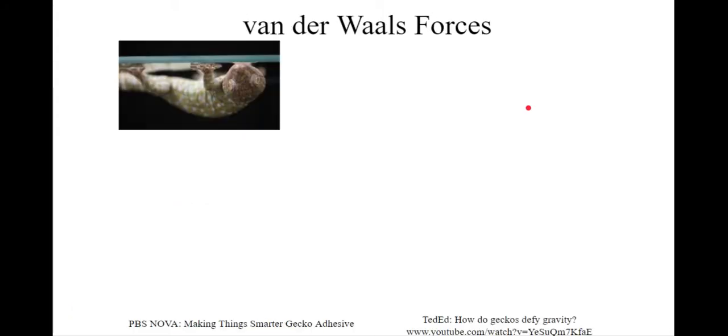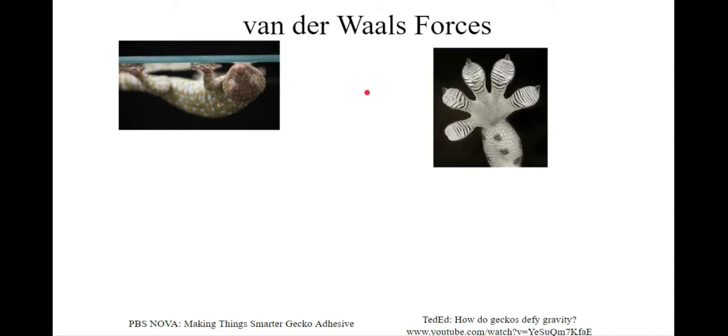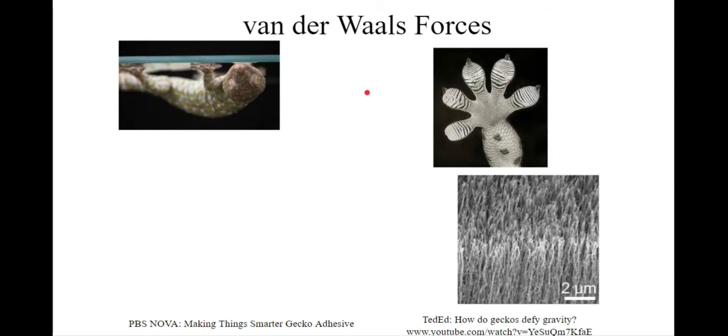I usually like to talk about the geckos here. They have this really cool feature where they can cling to pretty much any flat surface where we would normally struggle to do that. The secret behind that is if you zoom in with a microscope, you'll find on their hands a vast forest of what are called spatulae.